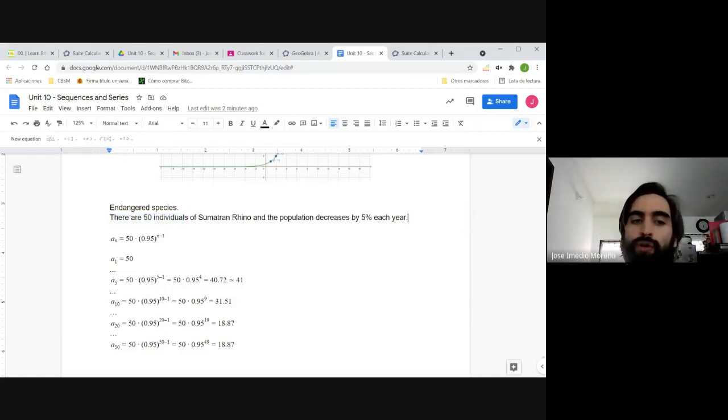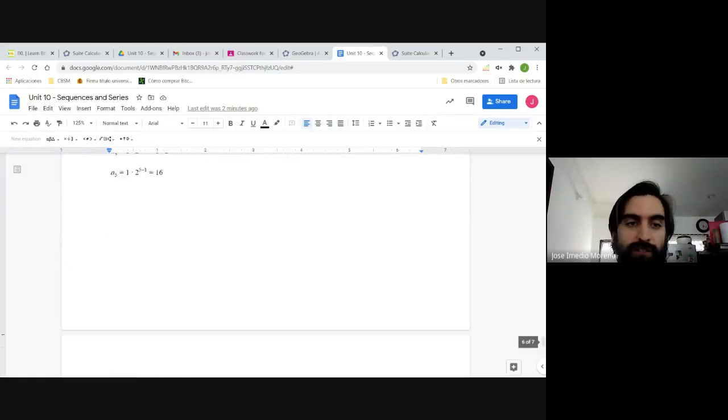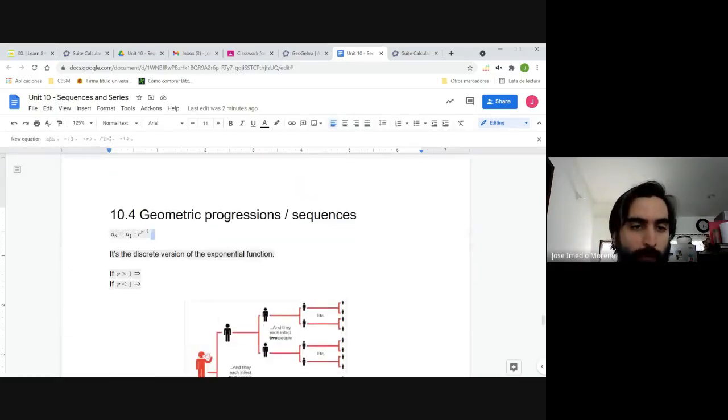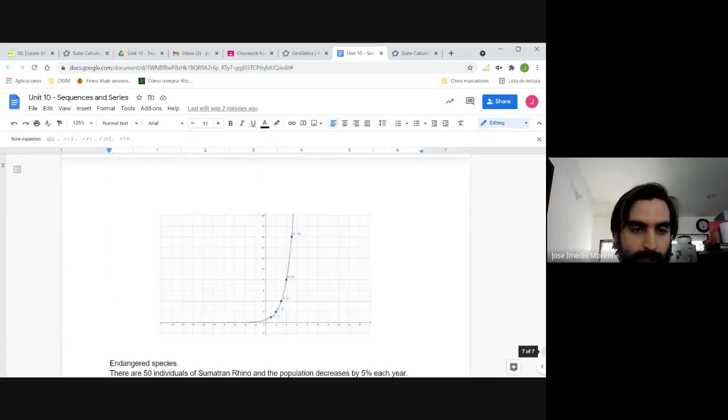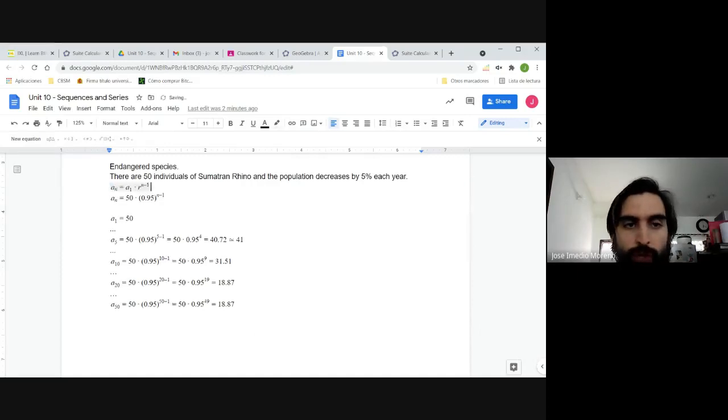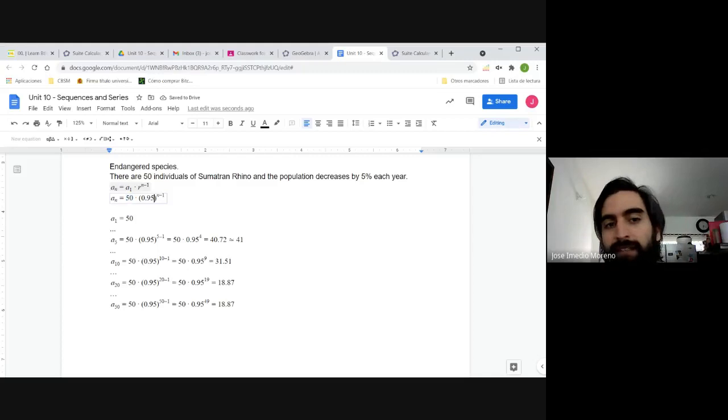Okay, so this would be the general term for this sequence. The original amount, let me copy this. So the original amount is 50 individuals, and if it's decreasing by 5% each year, it means that population is multiplied by 0.95 each year.